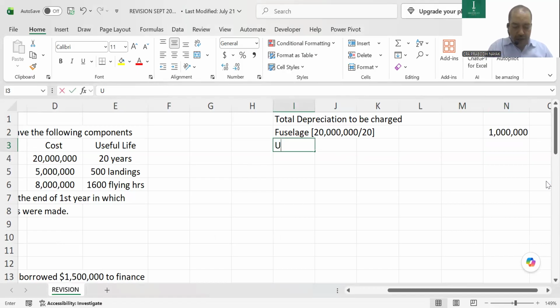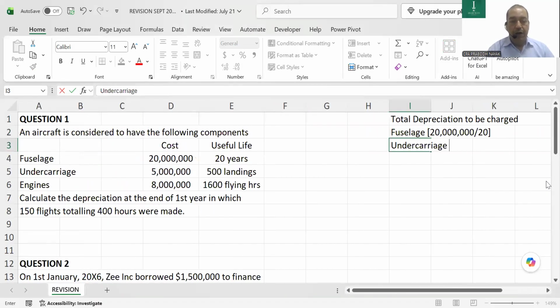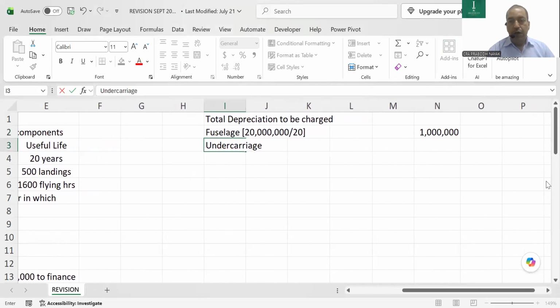Second, we take the undercarriage. Undercarriage has a cost of $5 million and it is on the basis of 500 landings. So we will be calculating how many landings have been done. If you see here, a total of 150 flights were made, so 150 flights means we must have landed 150 times, right?